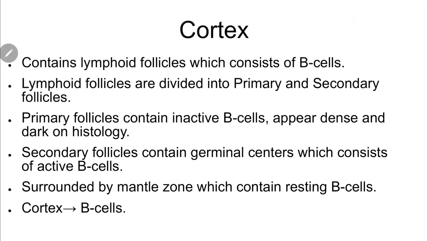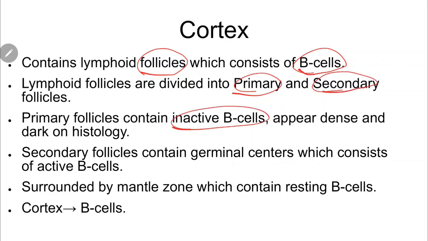Your cortex, like I said, contains your follicles, and these follicles consist of B cells. The lymphoid follicles are divided into primary and secondary follicles. The primary follicles contain your inactive B cells, and since they are inactive, they appear dense and dark on histology.